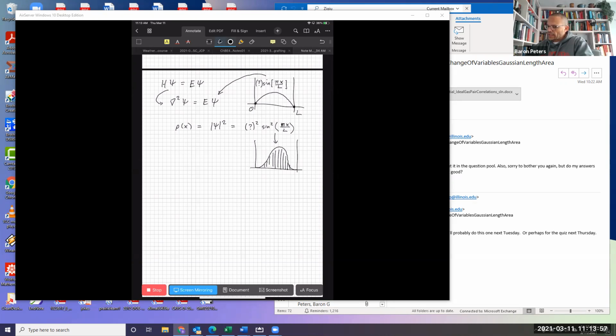All right, and now what I want to do is to require that if I integrate rho of x from 0 to L, I should get 1. What I actually get when I do this integral is the coefficient squared times L over 2.